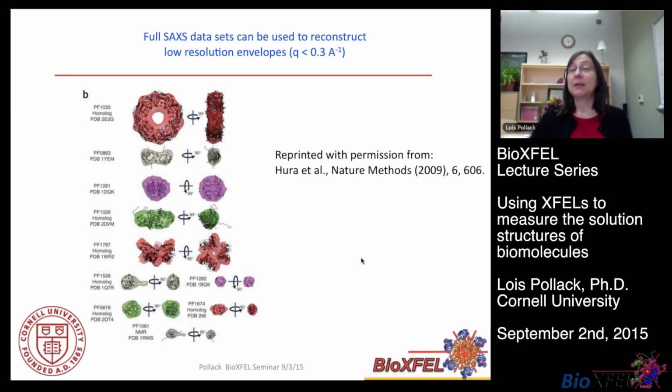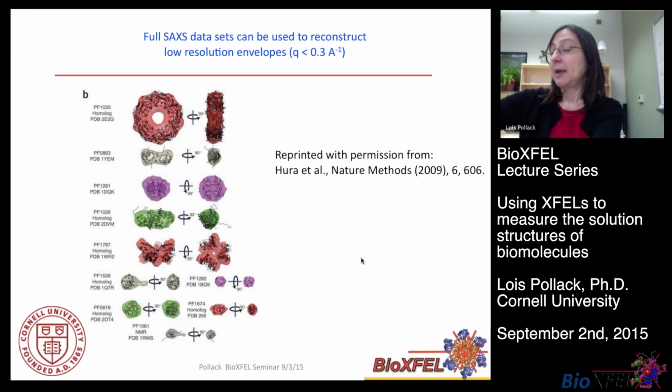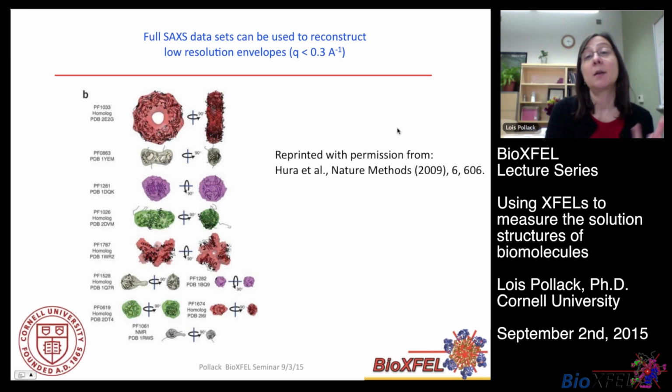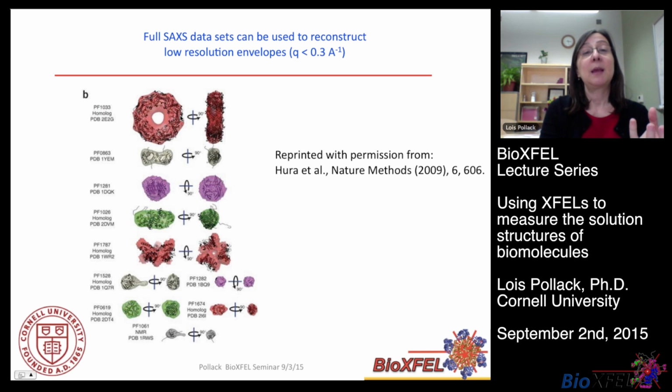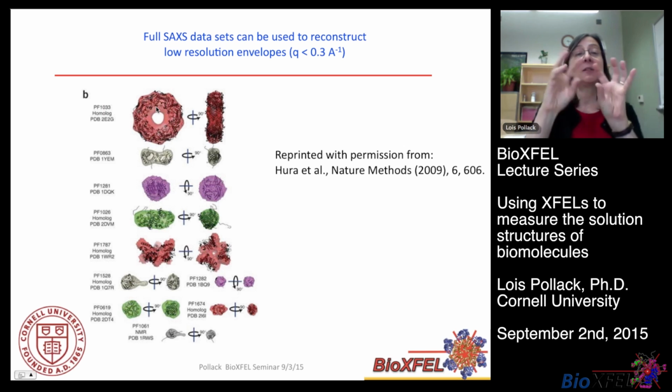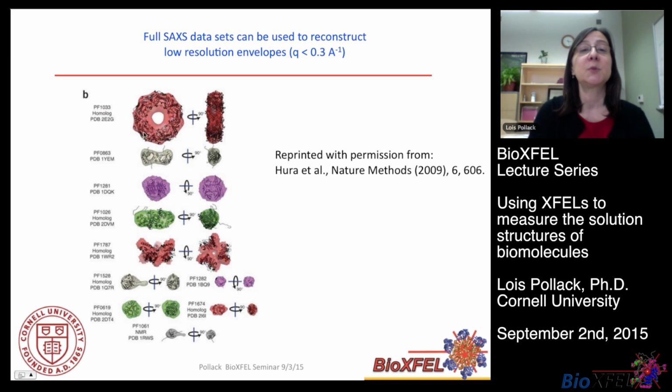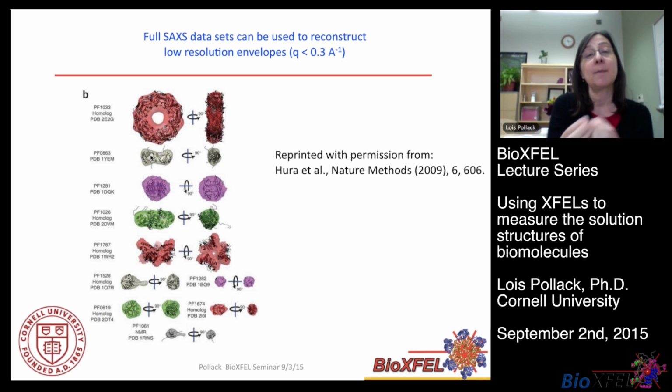And just to give you an example over here, by measuring scattering out to a Q of about 0.3 inverse angstroms, which is a length scale of about 20 angstroms, you can get these rough envelopes, these low-resolution structural envelopes, which are the colored envelopes that are here, with the actual crystal structure docked into them.